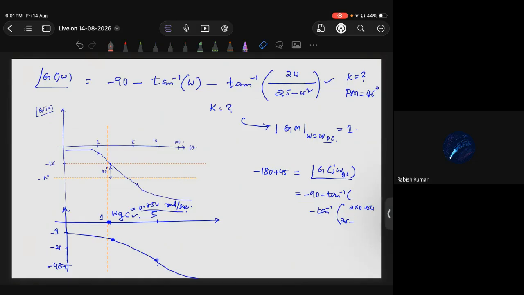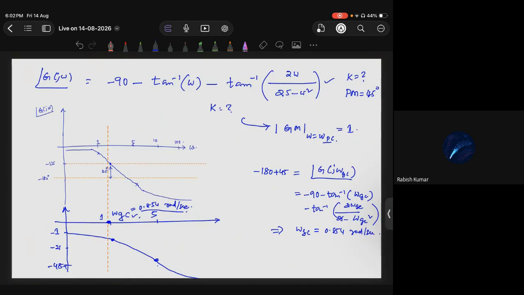So this has to be omega. So you can find it without even going to MATLAB. So equate that one to omega GC minus tan inverse of 2 omega GC by 25 minus omega GC square. If you solve this equation, you'll get omega GC as 0.854 radians per second. So that's how you'll find it.